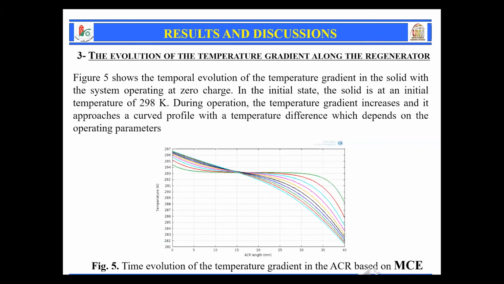The evolution of the temperature gradient along the regenerator. Figure 5 shows the temporal evolution of the temperature gradient in the solid with the system operating at zero charge. In the initial state, the solid is at an initial temperature of 298 Kelvin.